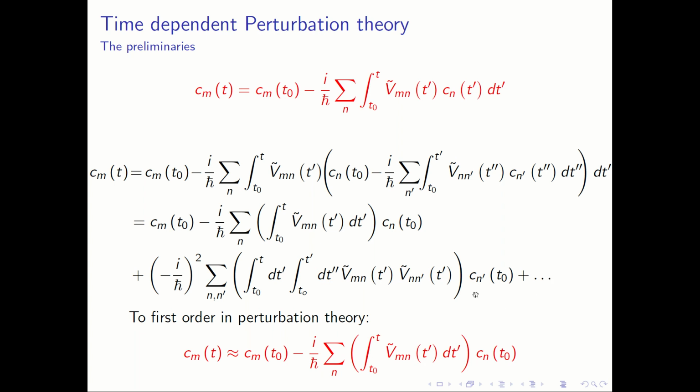So in first order perturbation theory, the coefficients Cm(t), which remember are just the coefficients which sit in front of the ket phi m, apart from the minus i by h cross epsilon m t factor in the expansion of psi of t, is given by Cm(t0) minus i by h cross sum over n integral from t0 to t v tilde mn(t') dt', times Cn(t0).